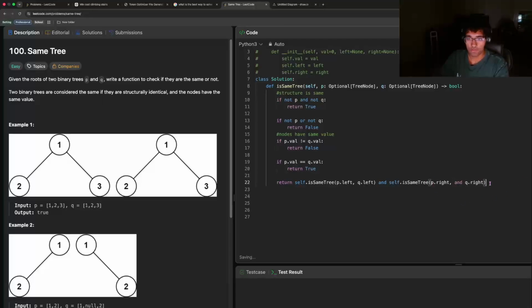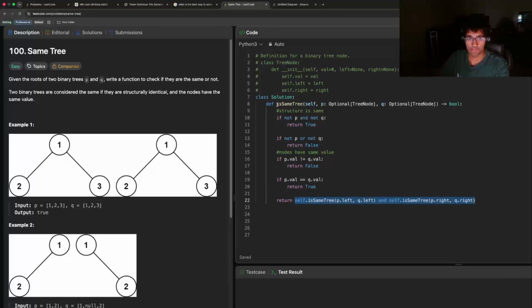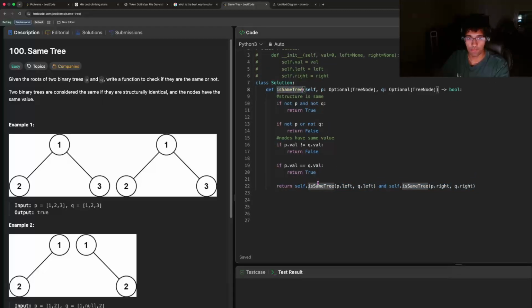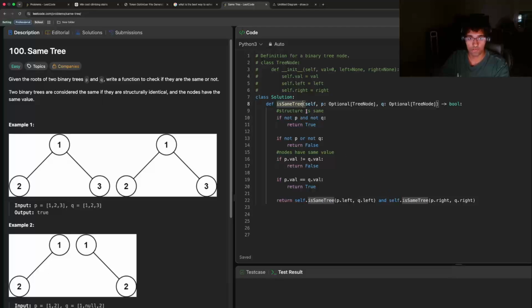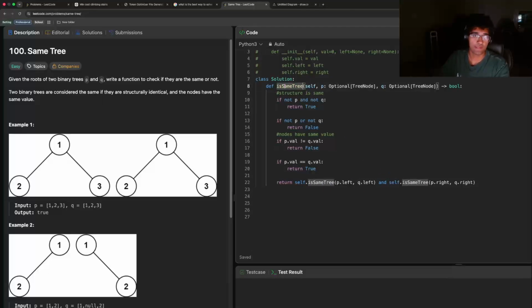Now if all the left values of the nodes are the same and the right values from the root node are all similar, this should become true, and it'll just be returned true, which is what we want because it'll be the same tree. But if it doesn't return true, it'll return false, which means it's not the same tree.